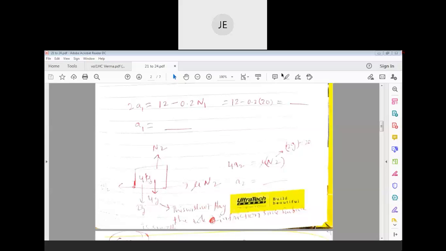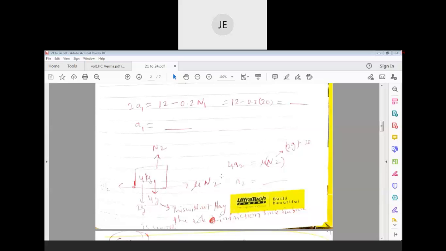The frictional force between the 2 kg and 4 kg block will act as an applied force on the 4 kg block.